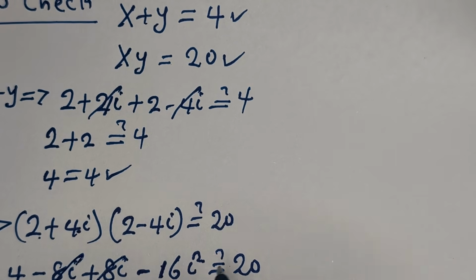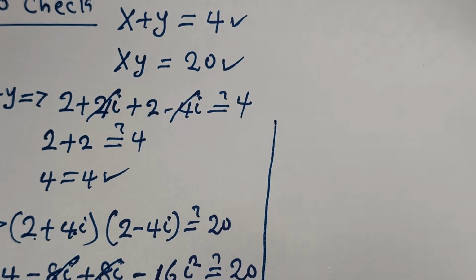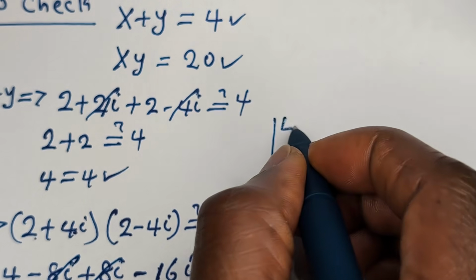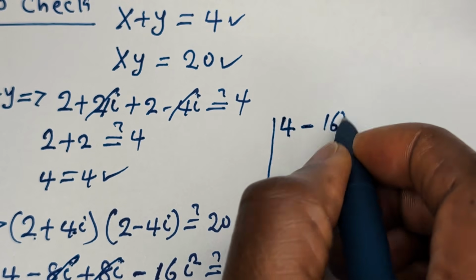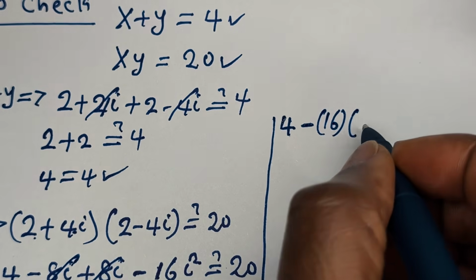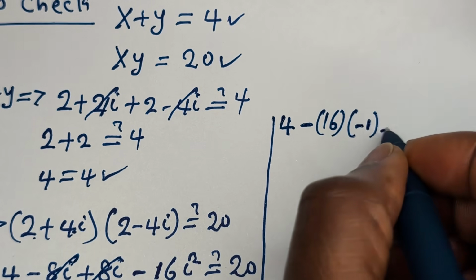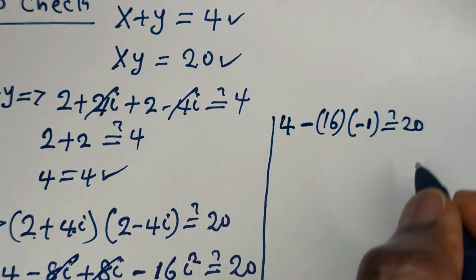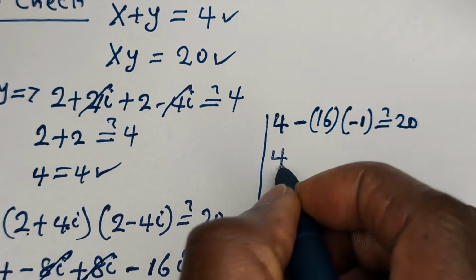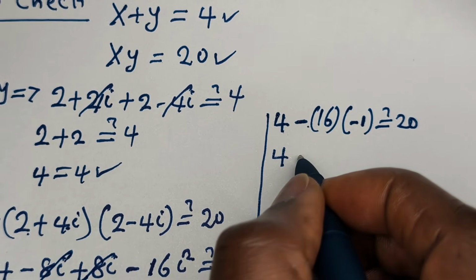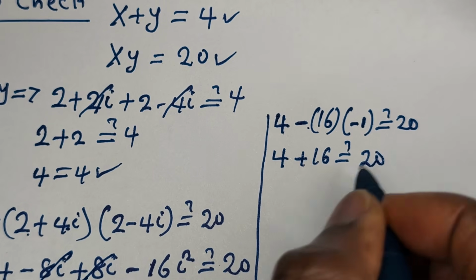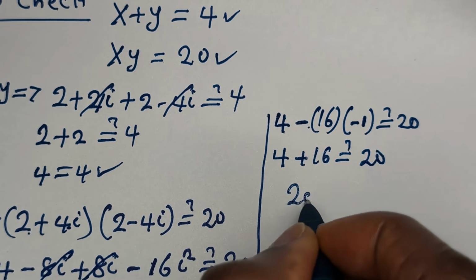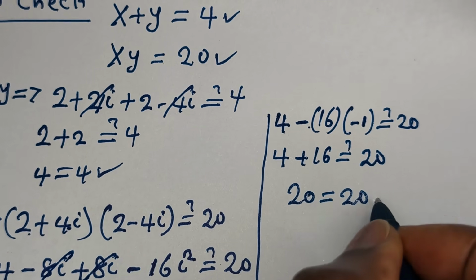This cancels this. Then we have 4 minus 16 multiplied by i squared, which is minus 1, must be equal to 20. Here is 4 minus 16 times minus 1, that is plus 16, must be equal to 20. Then 4 plus 16, this is 20, is equal to 20, which is true.